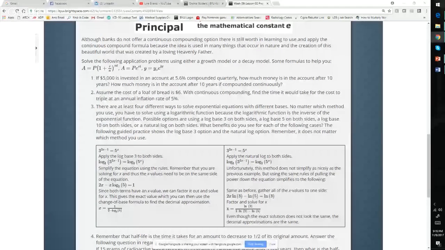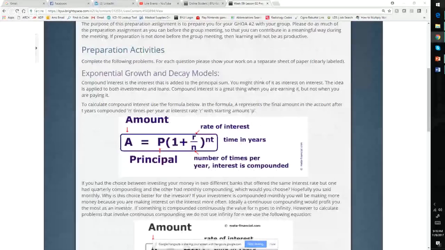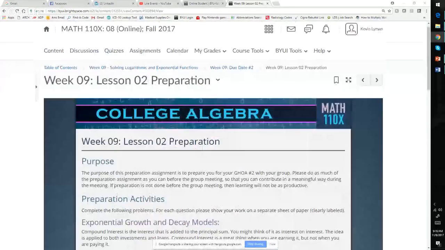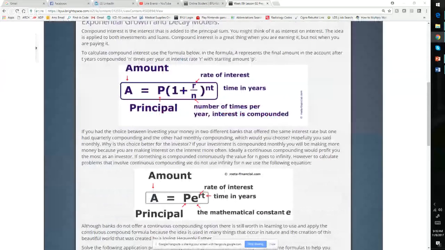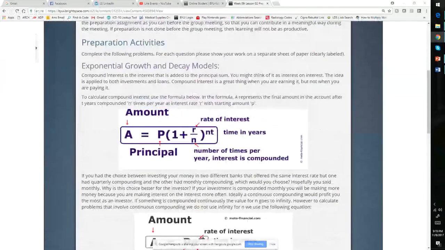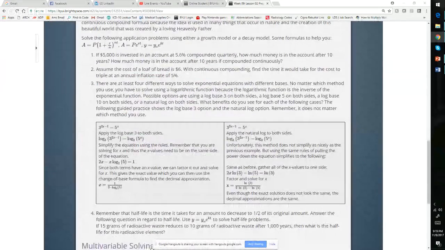So this is the week 9 lesson 2 prep, and there's a lot of those. I'm going to start right here with question number 1.